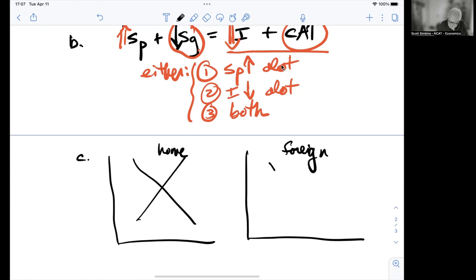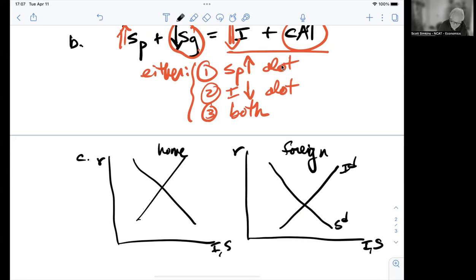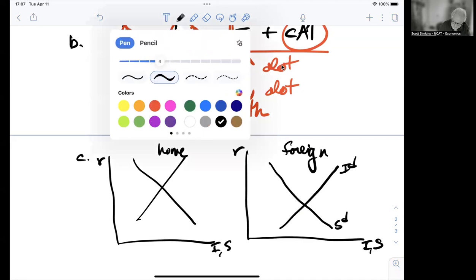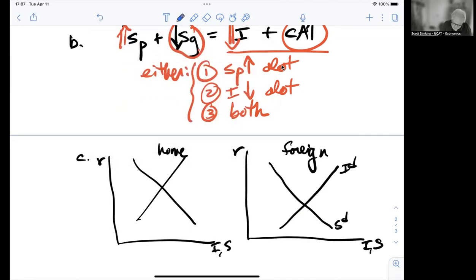So we'll draw it so that this equilibrium, desired saving, desired investment, the real interest rate, is about here. I have to eyeball this.